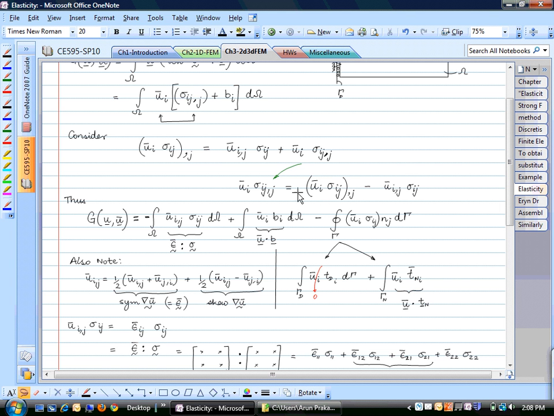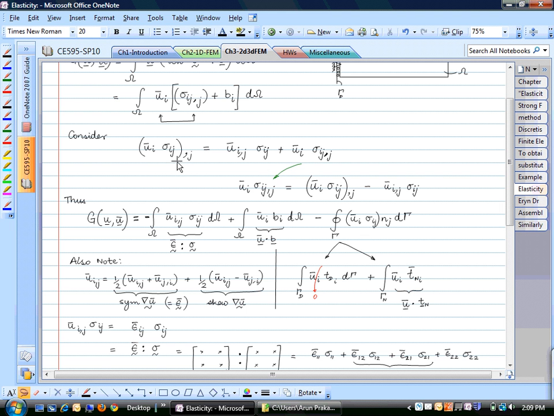Right here. So the integral of this term over the entire domain. Now, using the divergence theorem, we can convert that integral over the domain to an integral over the boundary. So do you see that?